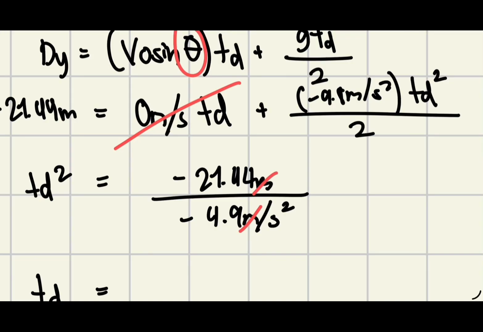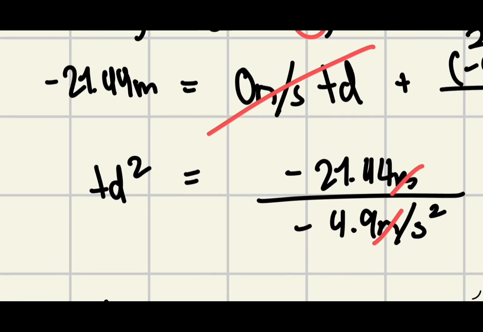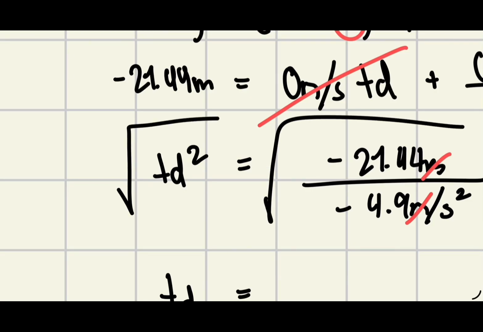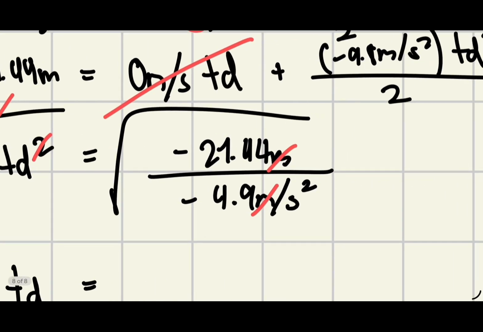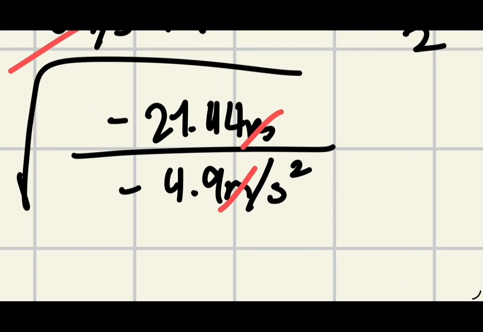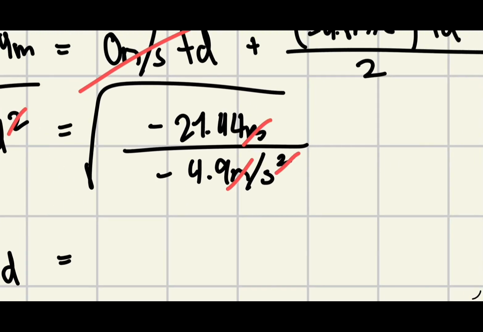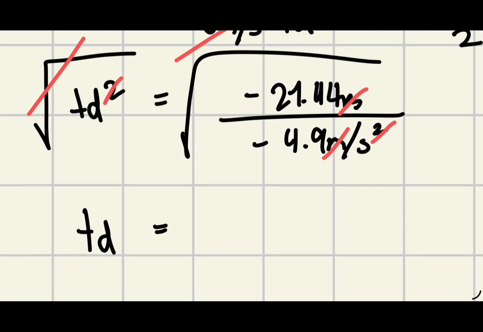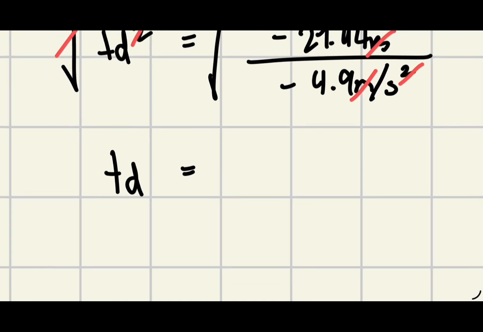Since the time down is raised to 2, we have to square root both sides. The squares cancel, and the seconds are also squared, so we cancel that. When you put that into the calculator, the time going down will be equal to 2.09 seconds.